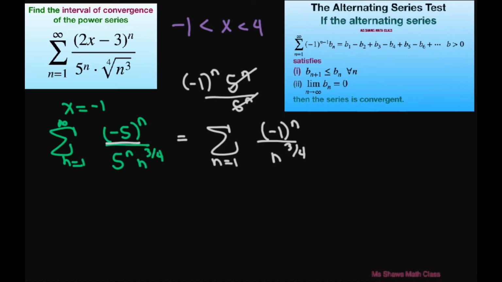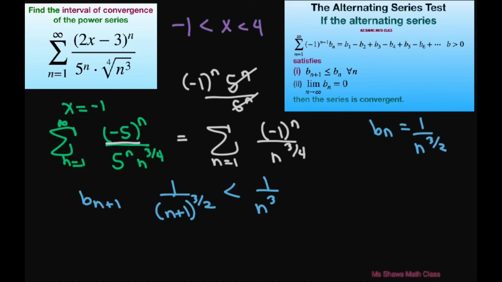All right, so we're going to let b sub n equal 1 divided by n to the power of 3/4, because we have this alternating series, plus or minus 1. Now, if you have b sub n plus 1, that's going to give you 1 divided by (n plus 1) to the power of 3/4. That's going to be less than 1 divided by n to the power of 3/4.